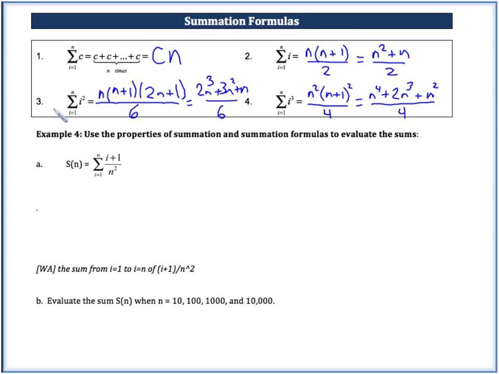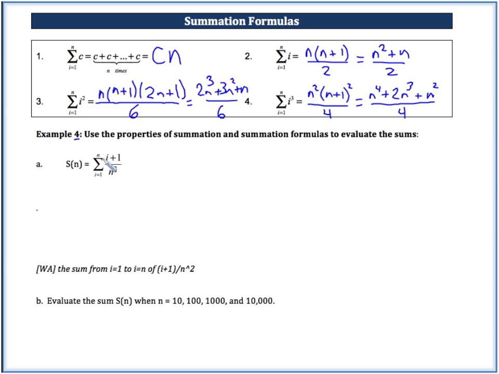Okay, so using these formulas can become necessary if we have an example like number 4. It says use properties of summation and summation formulas to evaluate the sums. And so we're looking for S of n, the sum with i going from 1 up to n.